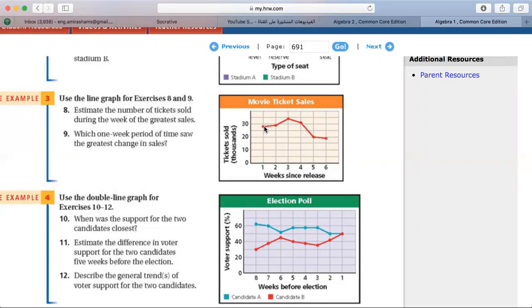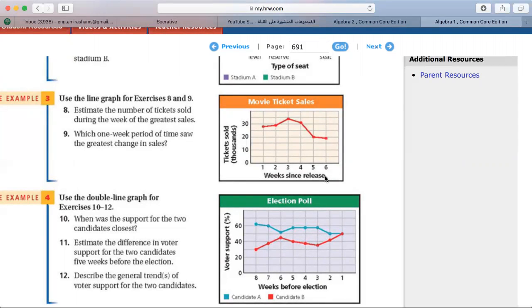So I have here movie ticket sales, the tickets sold for a movie. Tickets sold, thousands. The numbers that I have here are in thousands and the weeks since its release.